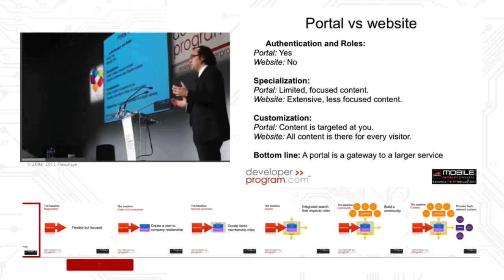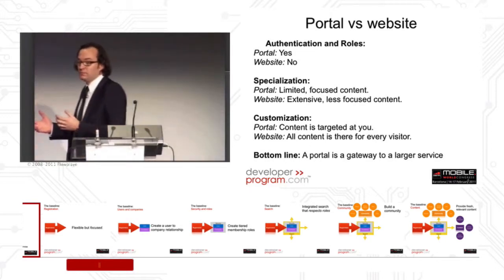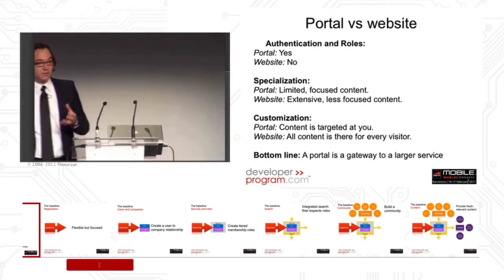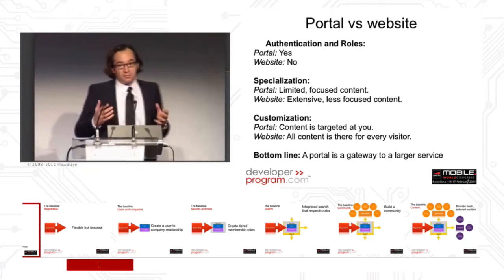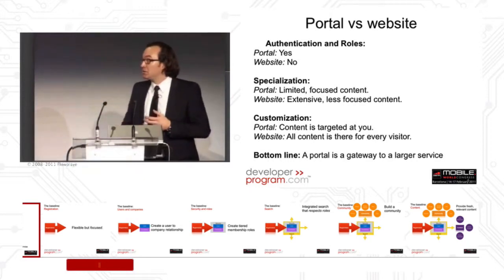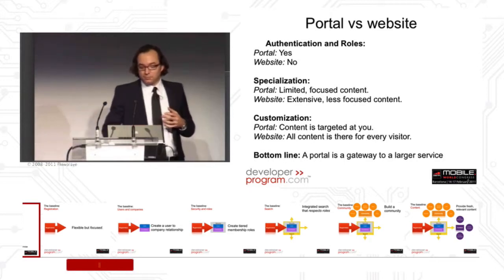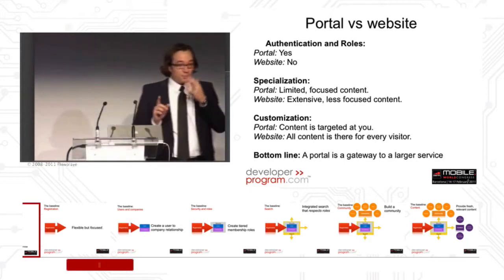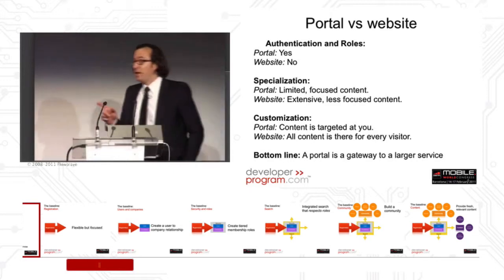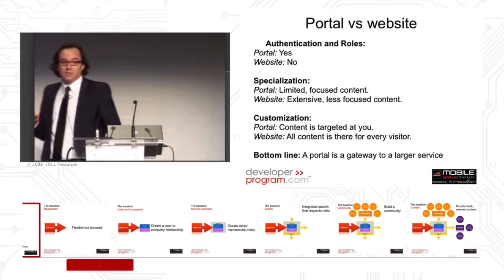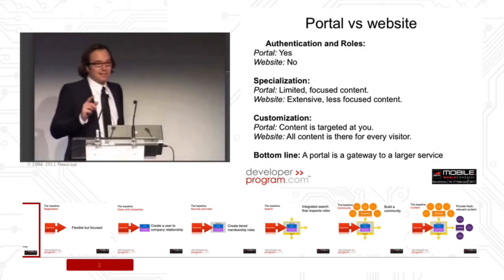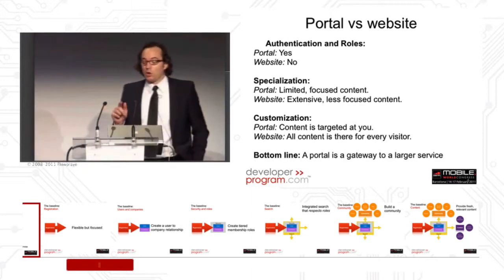You're talking about segmenting those groups of users, providing them with specialized content, and customizing their experience. So number one, you need to be able to accomplish those 3 things: authentication, specialization, and customization. Bottom line, your developer program portal is a gateway to a larger service. It's not just a website, it's the public face of your overall program.